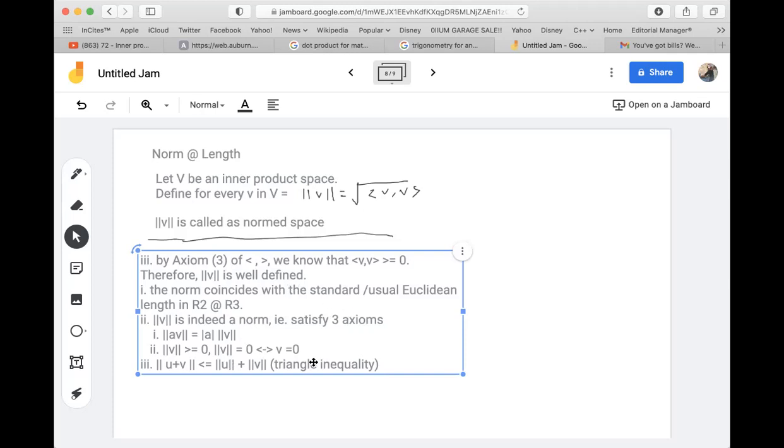Okay, so for the third axiom here, the norm of u plus v is less than or equal to the norm of u plus the norm of v.